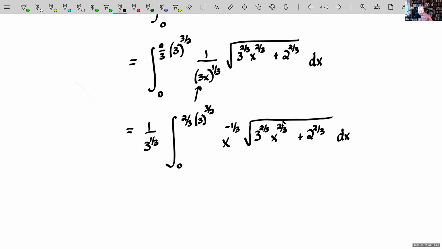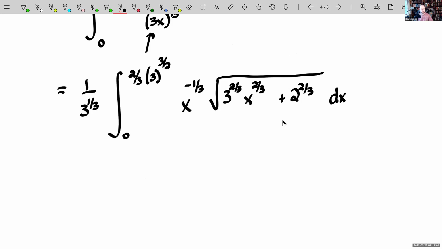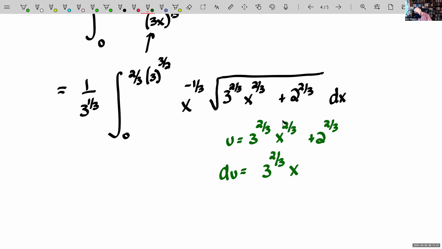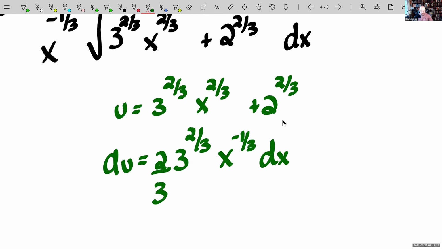Now, at this point, a u sub will actually solve this problem. If you do a u substitution here, du will steal away a 2/3, 3 to the 2/3, x to the negative 1/3 dx.